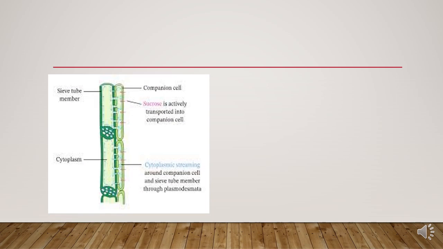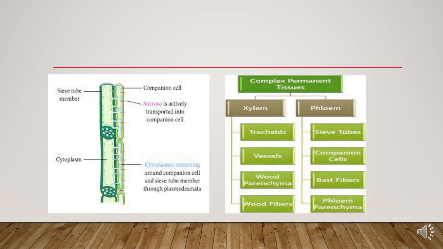Discussing the phloem cell, we need to understand these two structures. The phloem cell consists of the sieve tube, and the sieve tube is the one that allows mineral salts and manufactured food to go through.